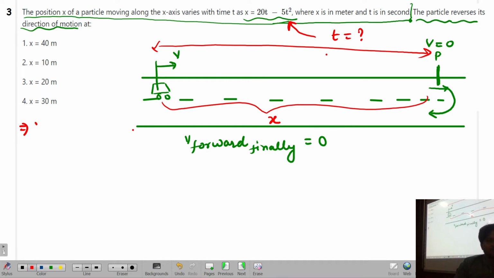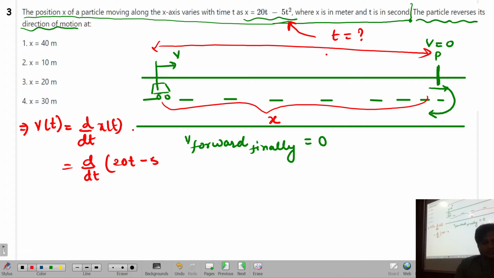So look over here. I'll apply that first. I need to calculate velocity. Here x is given, x is dependent upon time, so velocity will be d by dt of x of t. That is equal to d by dt of 20t minus 5t square. Yes or no?